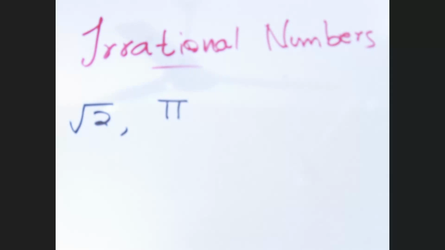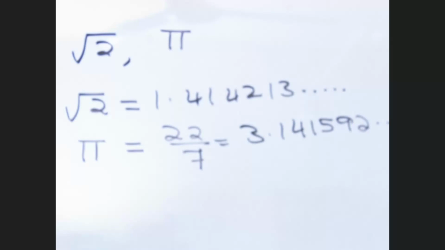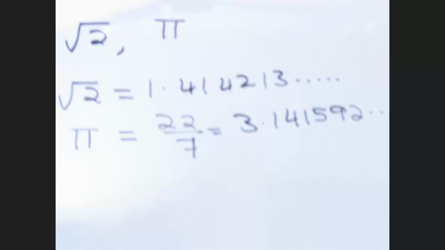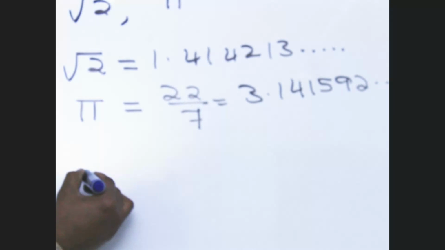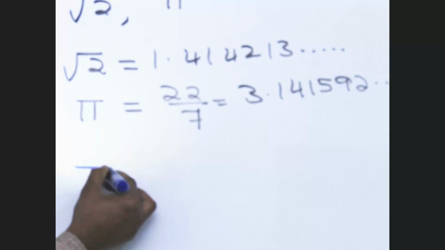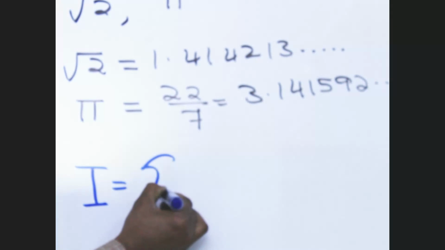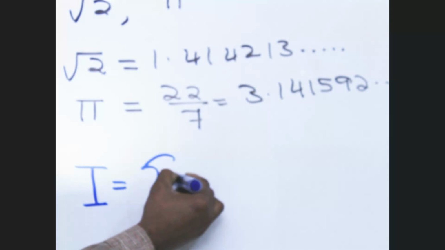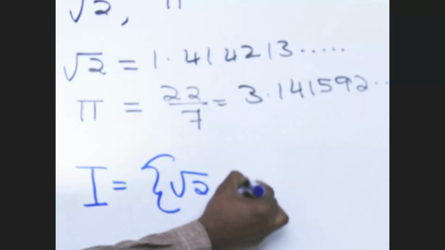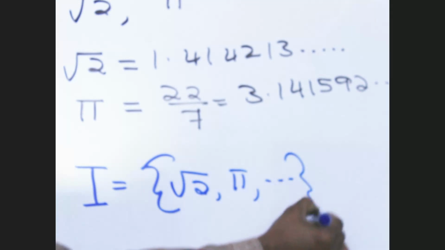These numbers are not included in the rational numbers, so this type of numbers we can include in the group of irrational numbers. The representation letter of irrational numbers is I, the first letter. I is the set of root 2, pi, etc.